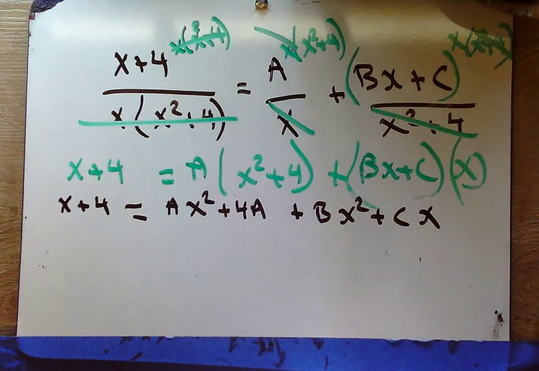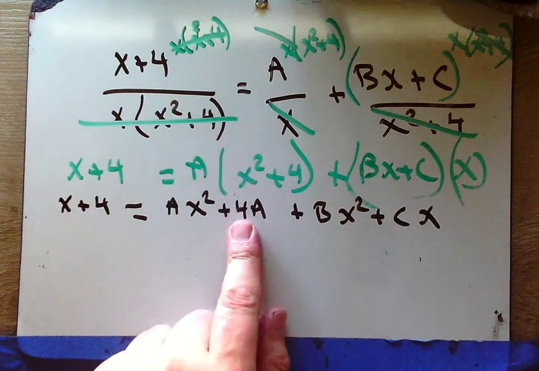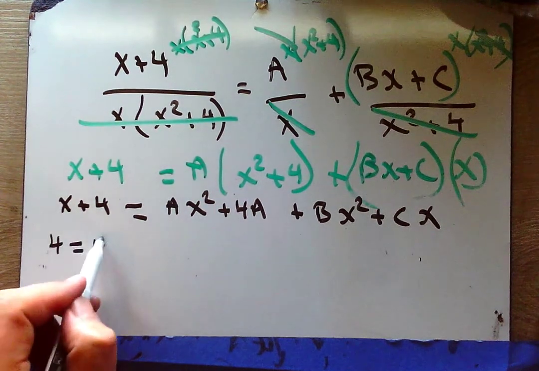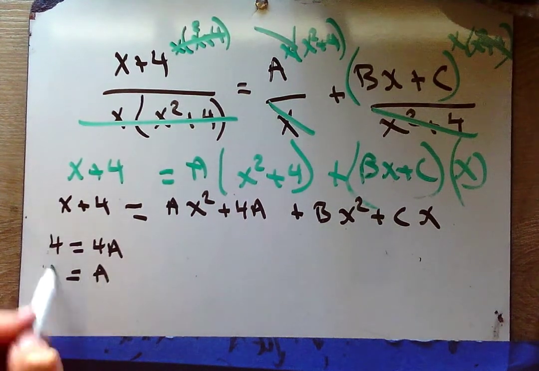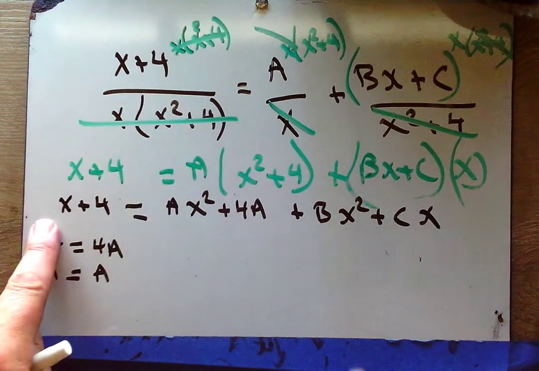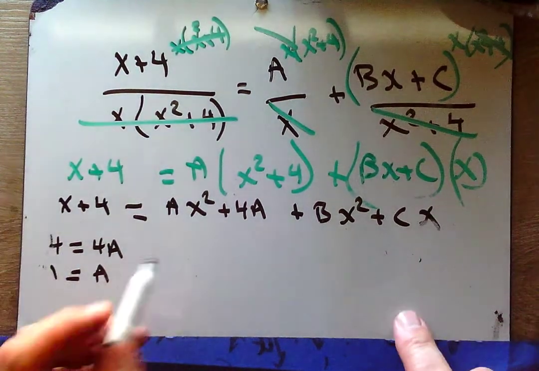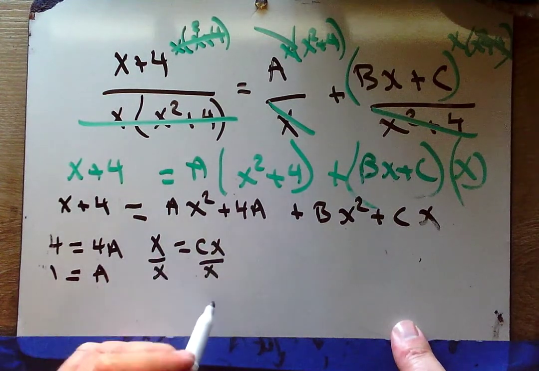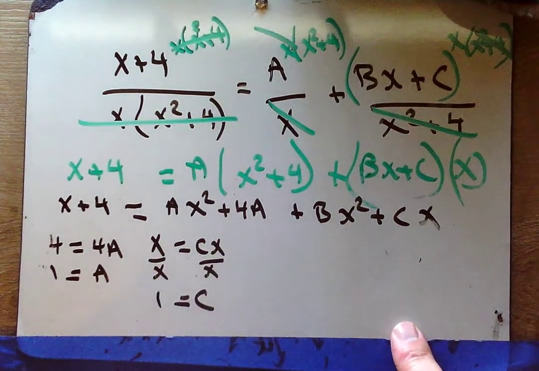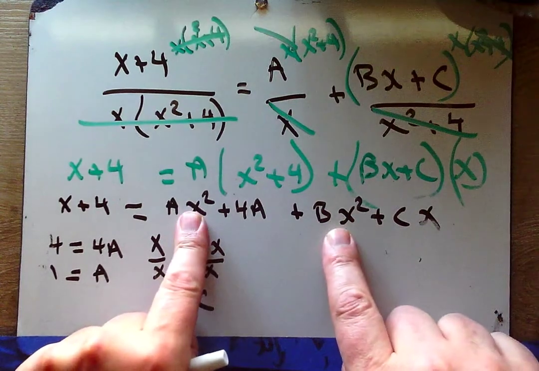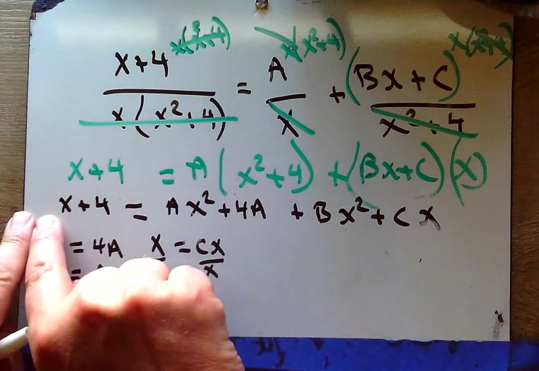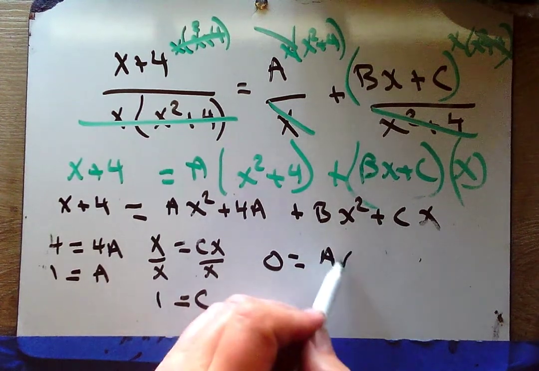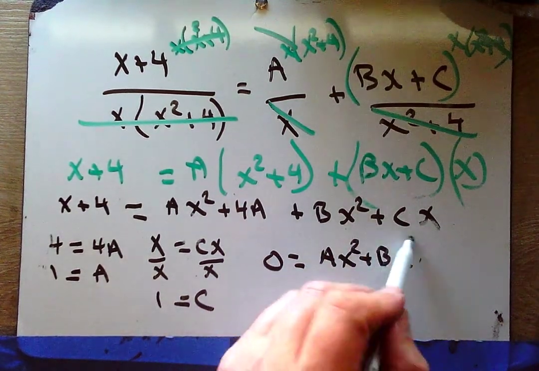And then I want to set stuff equal to stuff. So stuff without an x equal to stuff without an x. 4 equals 4a, a equals 1. I want the x to the first stuff equal to the x to the first stuff. x equals cx. And when I divide by x, I get c equals 1. And then I want to take the x squared stuff and set it equal to 0, because I don't have any x squared stuff over there. ax² + bx².